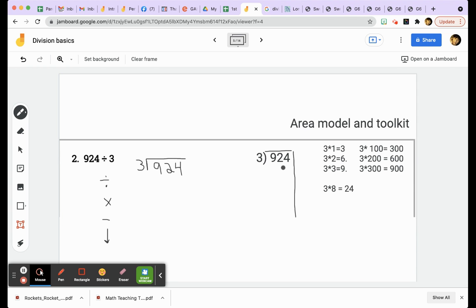Remember, I want to find a product that's as close to 924 as I can get. And that would be 3 times 300. And that's going to be 900.